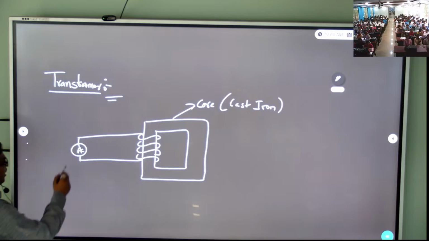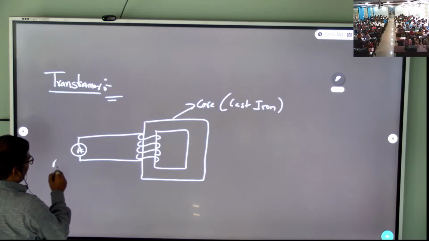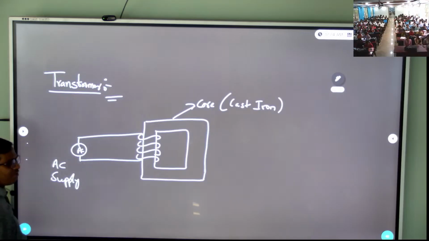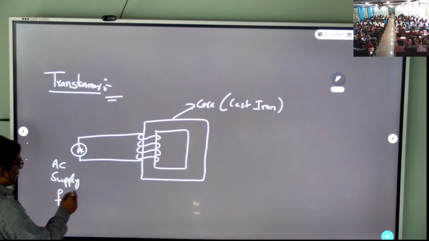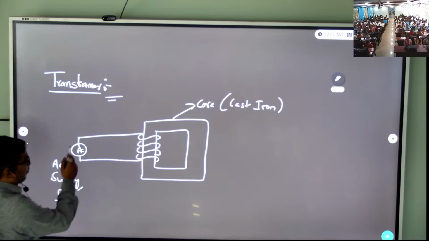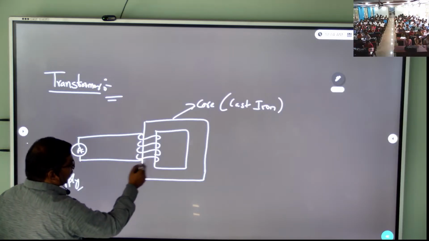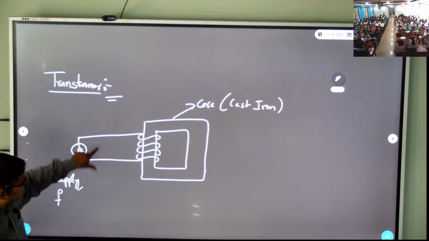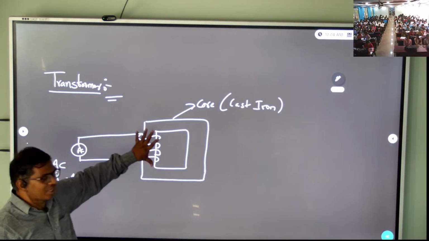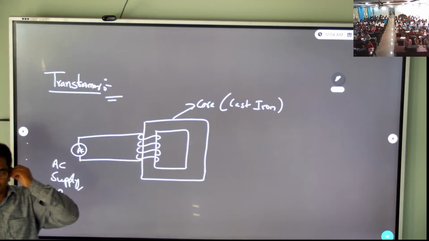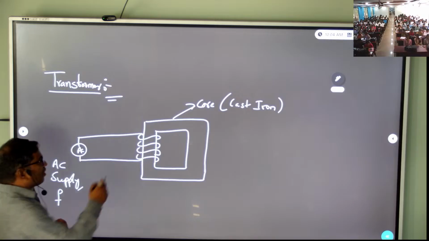Okay, so here it is AC supply, which is having the frequency. I am winding this one with the AC supply. Take the charger input, charger is there, na. Inside the charger this one is there. One iron core is there, and around the iron core we are winding like this.